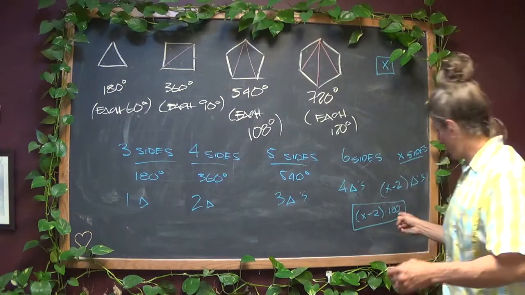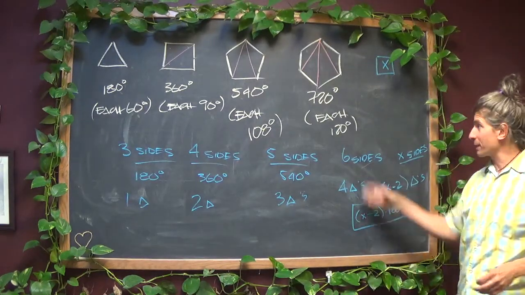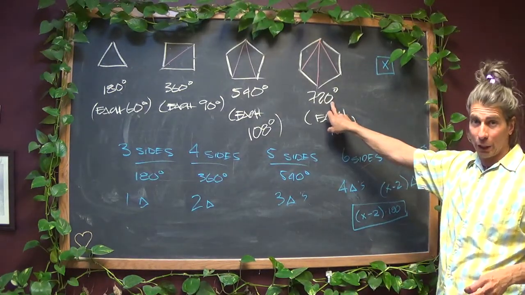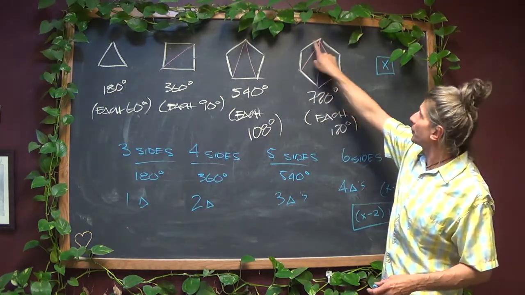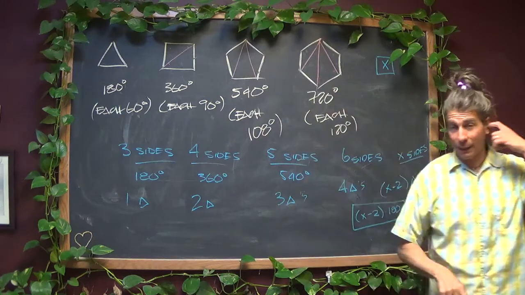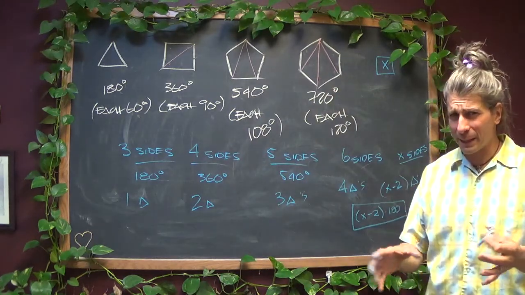Depending on what you plug in for x, that tells you how many degrees pop out. If you plugged in 6, you'd get 720, which means you'd have 720 total degrees in your tank, and so forth. Hopefully that much makes sense.